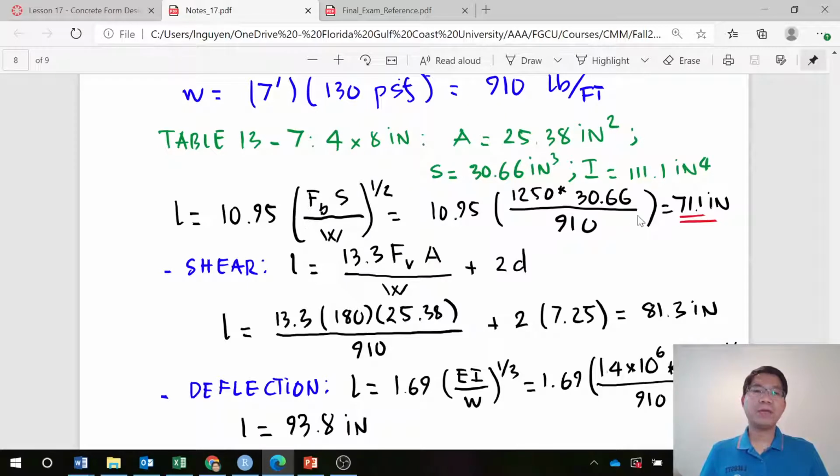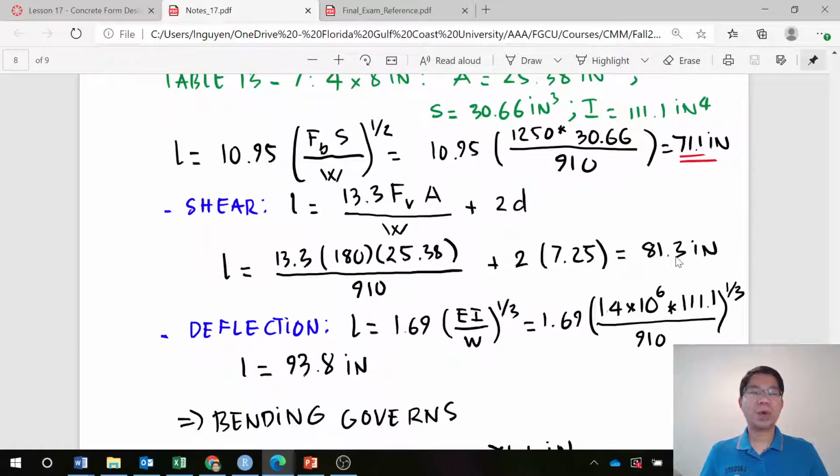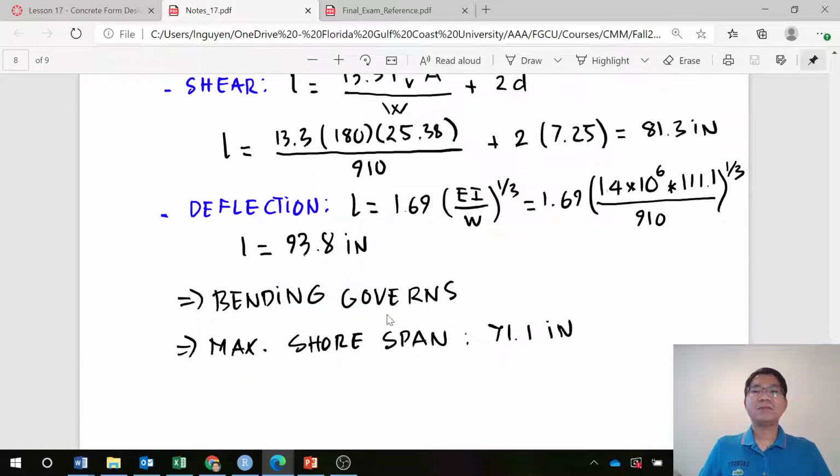So we plug in, we find for bending 71 inches, shear 81.3, deflection 93.8. And again, the bending governs, and then the maximum stringer span is 71 inches.